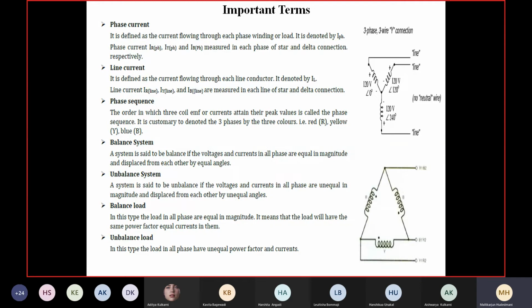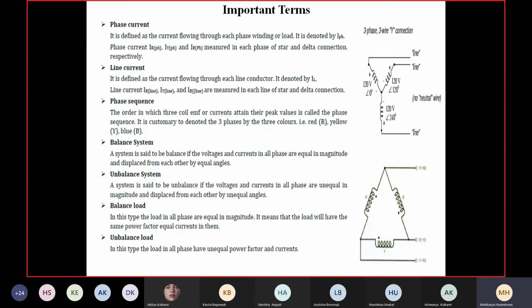What we learned now is that the current flowing in each winding of a generator is called phase current. The current entering or leaving the machine terminals, going out to the external world or getting into the motor windings, we call line current.